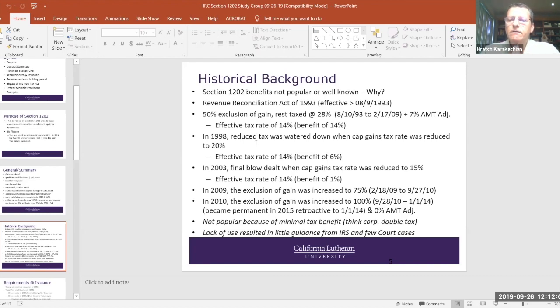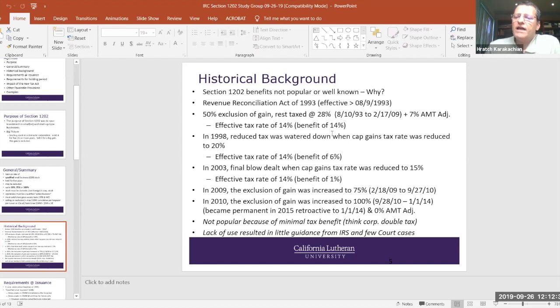That was effective beginning on August 10th of 93, all the way up to early 2009. And they included a provision in the code which said that if you exclude 50% of the gain, the remaining 50% that is included will be taxed at 28%.